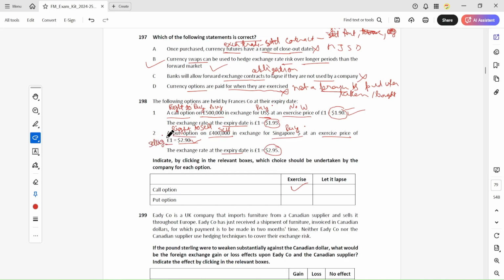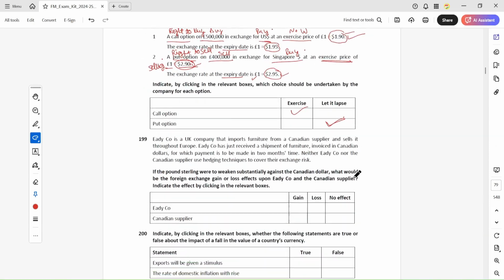By selling £1 at the exercise price you can get 2.90, but at the expiry date, by selling £1, you can get 2.95. So you will lapse it, right? You don't exercise the option, instead you will lapse the option.